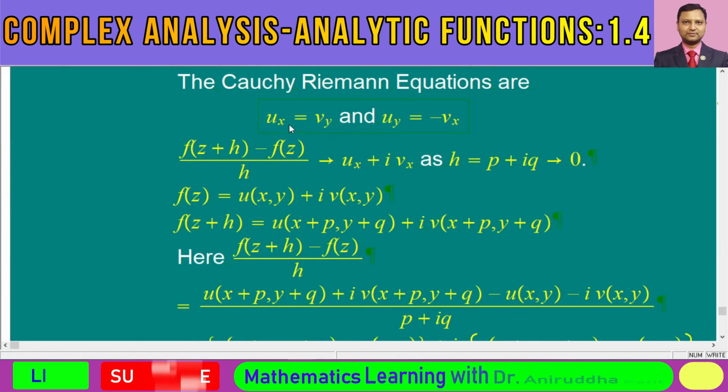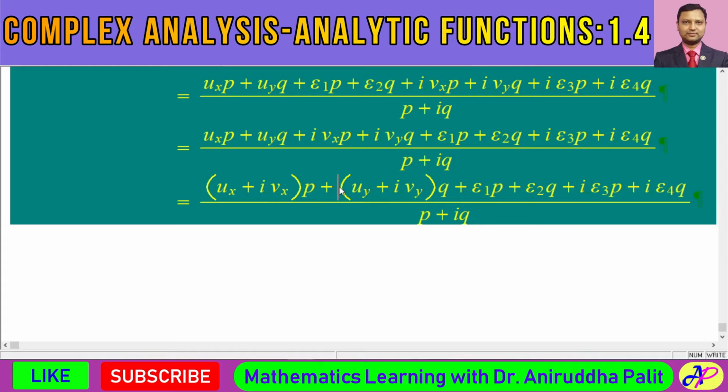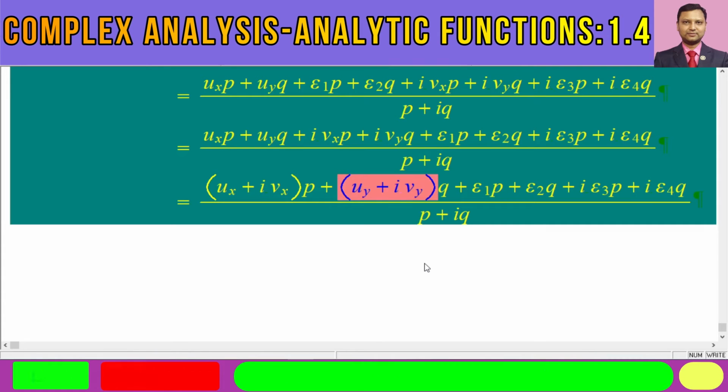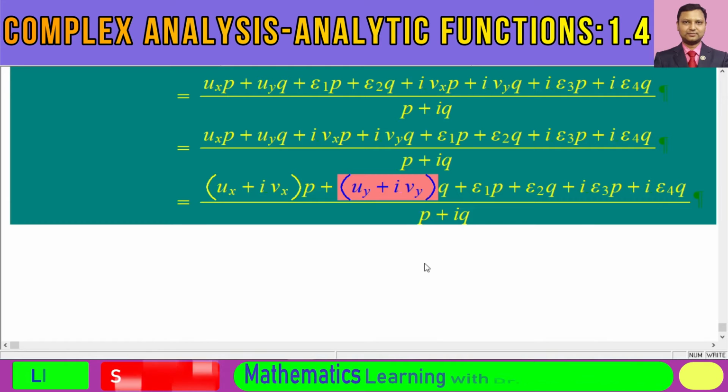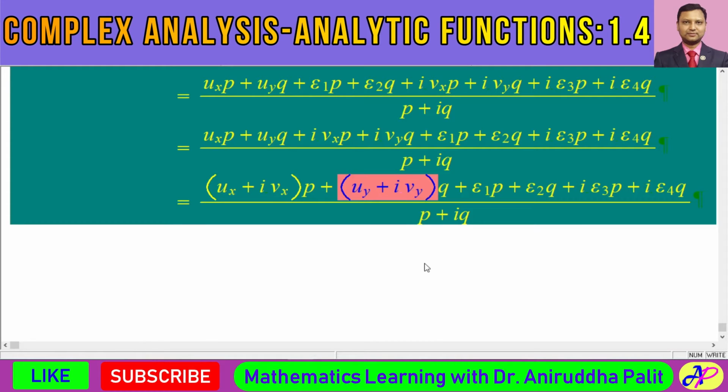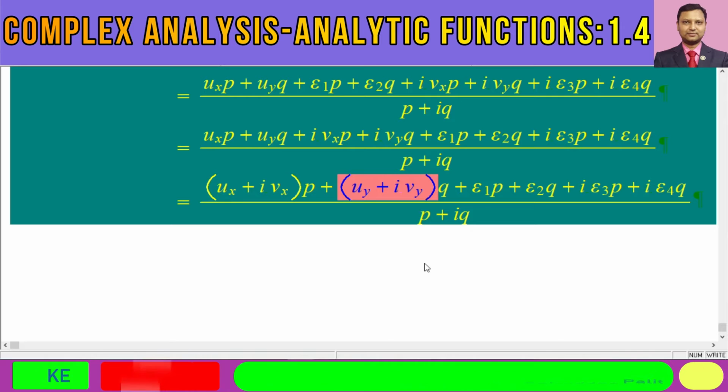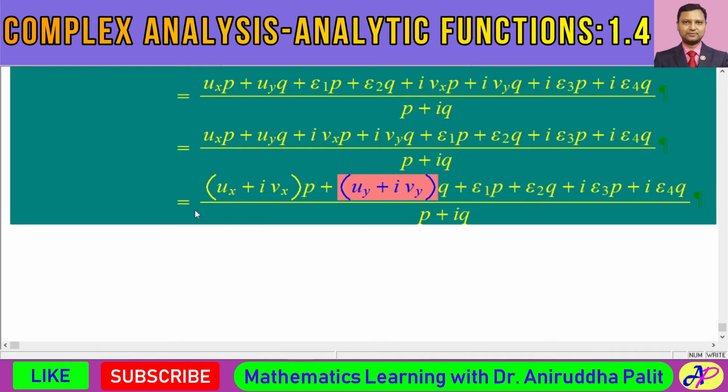If you look at this expression, this is the partial derivative with respect to y. By the help of the Cauchy-Riemann equations, I am trying to convert this expression into an expression involving partial derivatives with respect to x only. Clear?